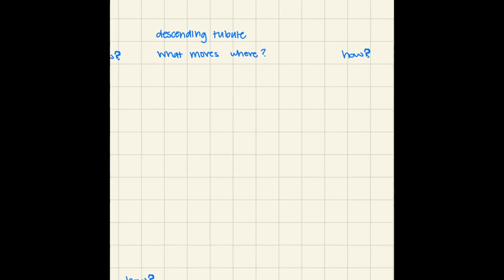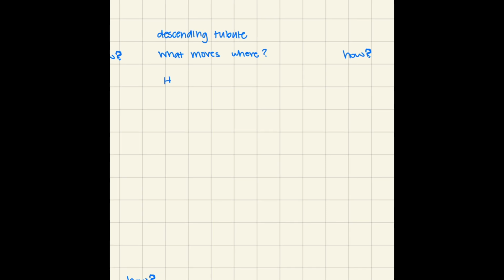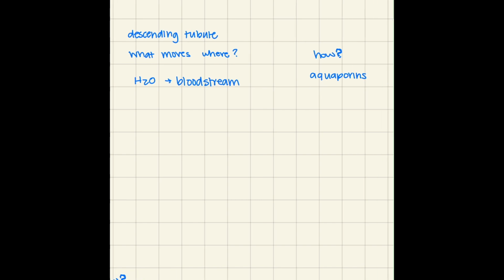In the descending tubule, we are moving exclusively water. We're moving it via aquaporins into the bloodstream. I should keep this consistent. So we don't move anything except for water here. So the consequence of this is our urine becomes very concentrated.